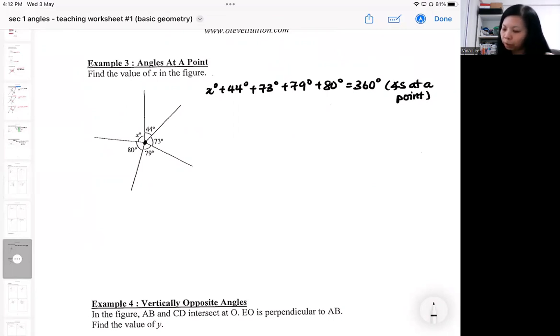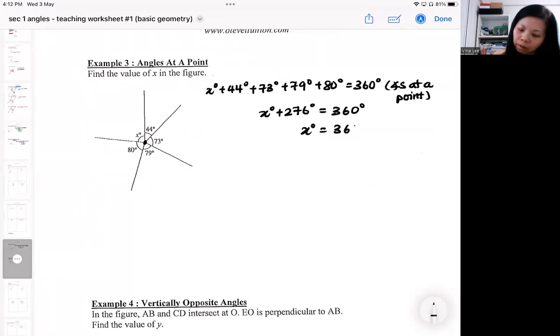So what is the normal algebra? You add something on both sides or you subtract something on both sides, like your normal way of doing. So I'm going to subtract 276 on both sides. So I will get an 84.